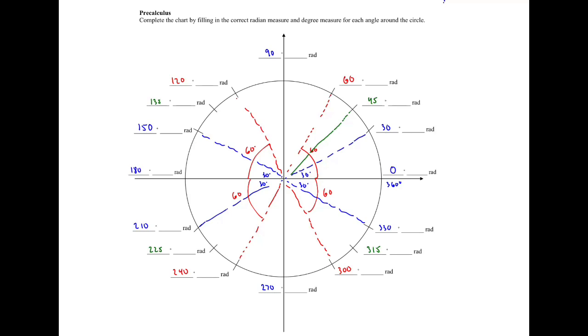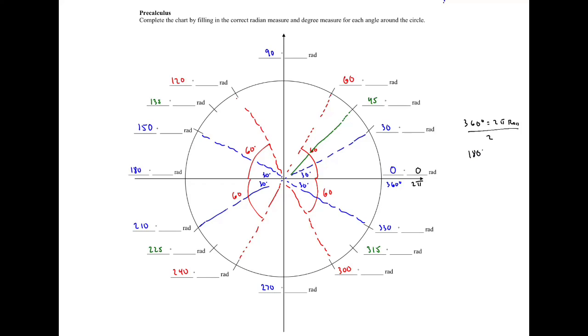So those are all the angles that we need to know for all the trig stuff that we're doing with exact values. So now the next part is to talk about radians. So what we found out was radians, one full rotation, was 2 pi radians. So 0 degrees could be 0 radians, or if you go one full rotation, that's 2 pi radians. So then we kind of broke this up and said, okay, what happens if we divide by 2?